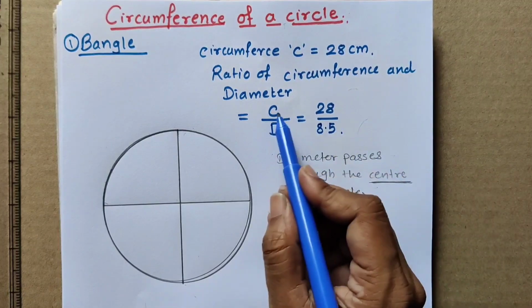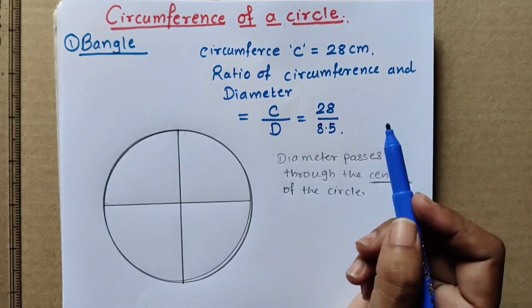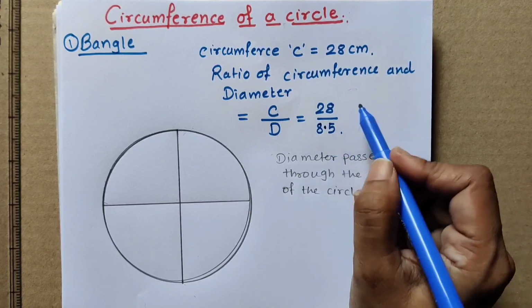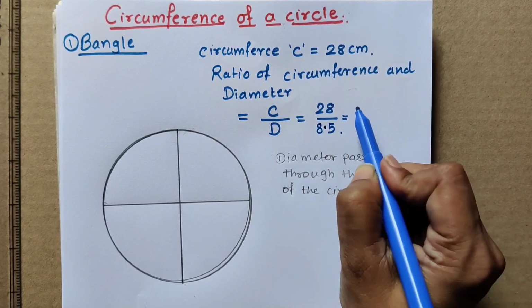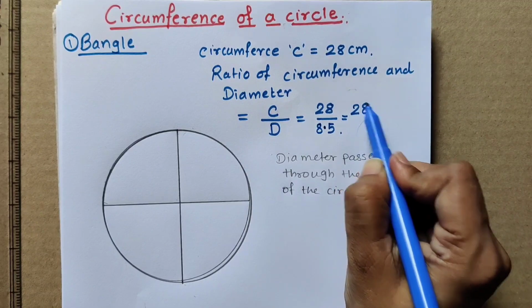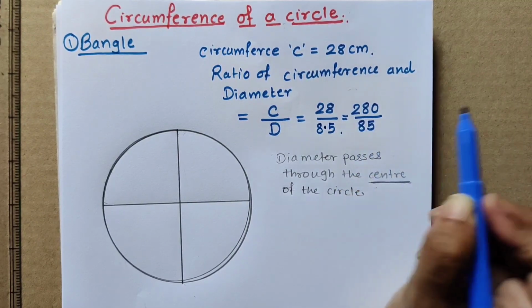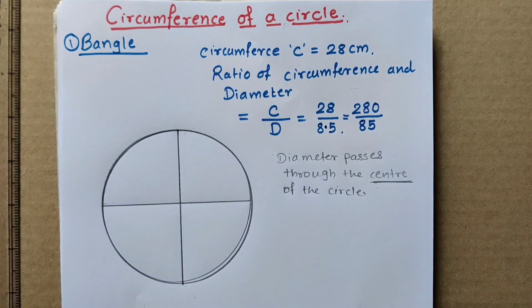So the ratio we have to find out is circumference upon diameter. Here there is a decimal fraction in the denominator. So what we are going to do, we will remove the decimal point from the denominator and we put 0 in the numerator.